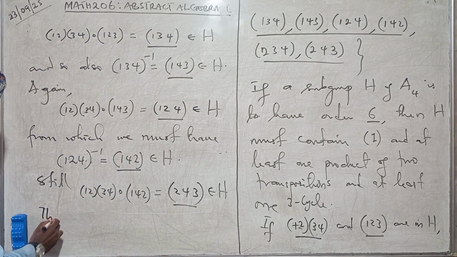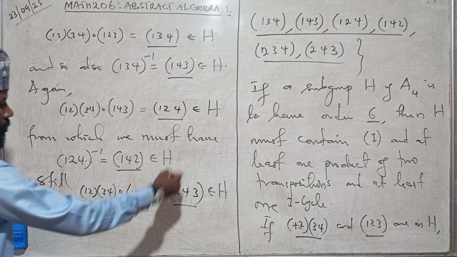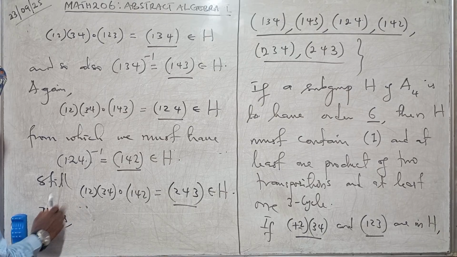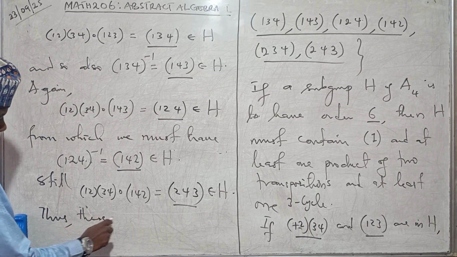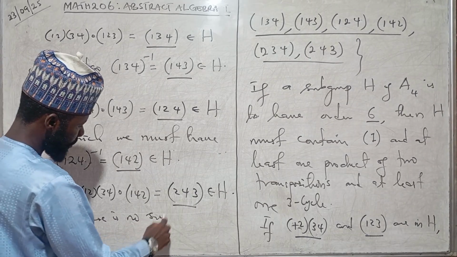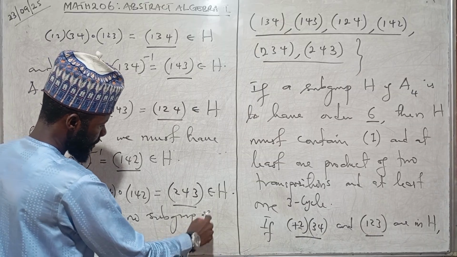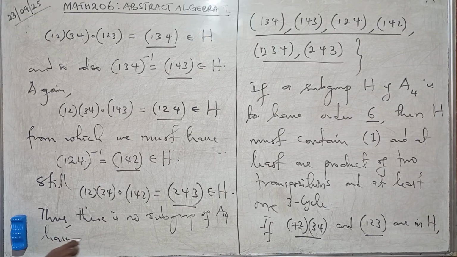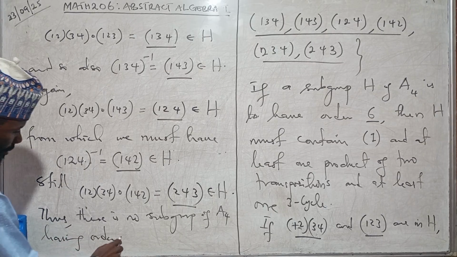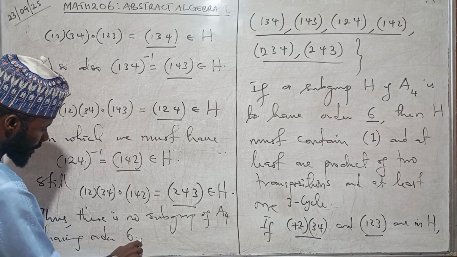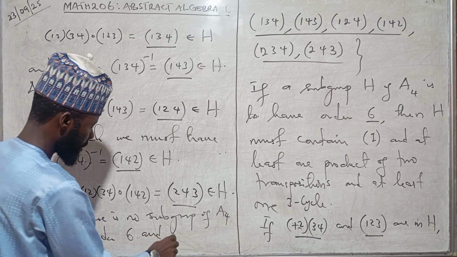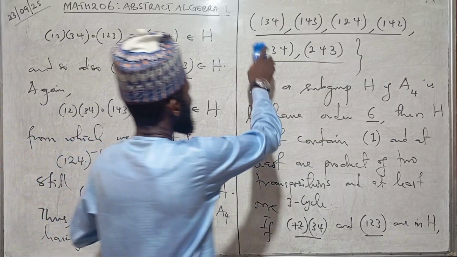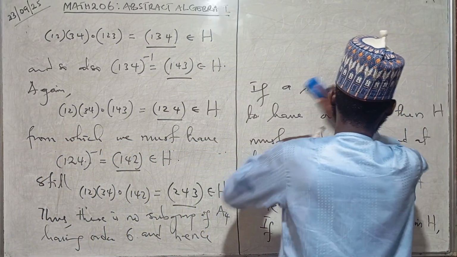So thus, since we already arrive at more than 6 elements, there is no subgroup of A4 having order 6, and hence the conclusion of this is to say that the converse to Lagrange's theorem is not generally true.